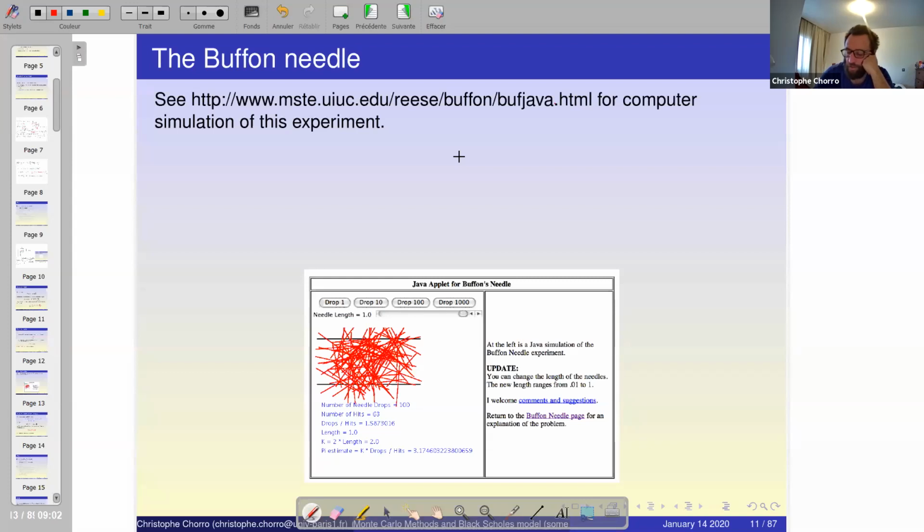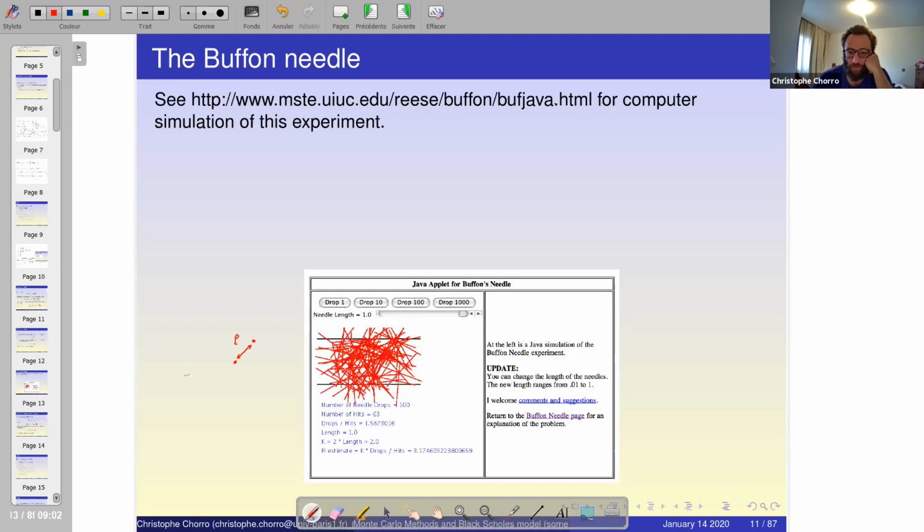What is a needle from a computational point of view? It is just choosing randomly one point and choosing another point randomly at a distance that is exactly the length of the needle. So 2 points randomly, distance L apart.